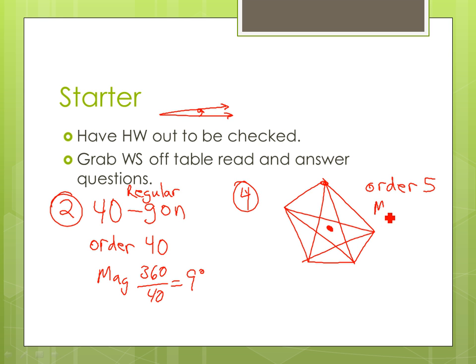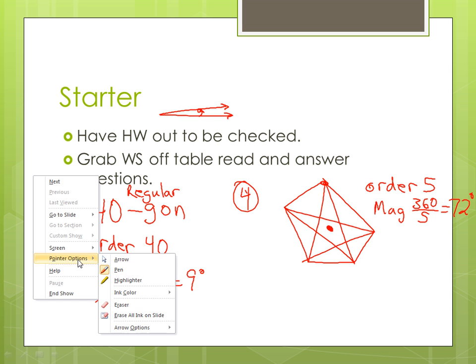And to find the magnitude, just take 360 divided by 5, which ends up being 72 degrees. So every time you turn it 72 degrees, it looks exactly the same as it did at the start. And there's 5 times that it's going to look exactly the same as it did in that picture as we go around a full turn or full circle.